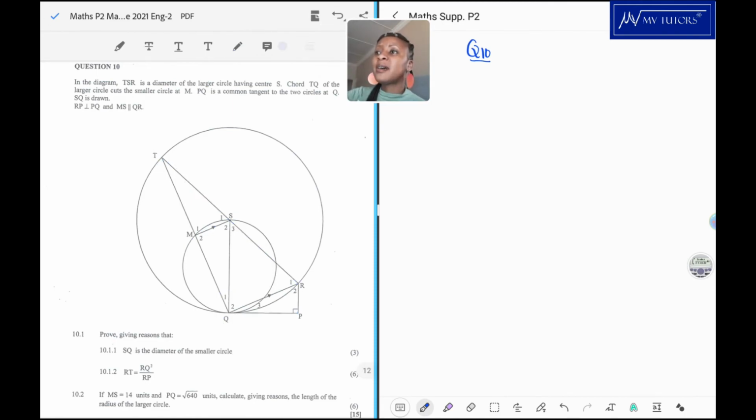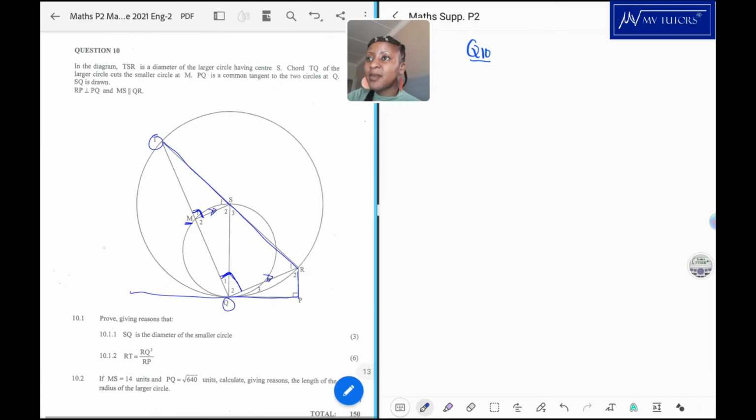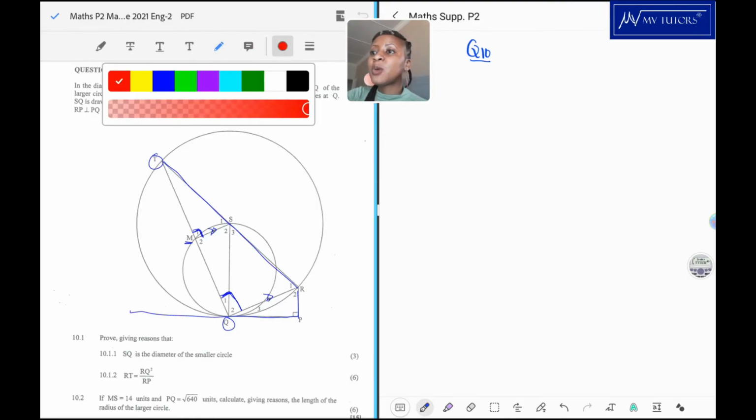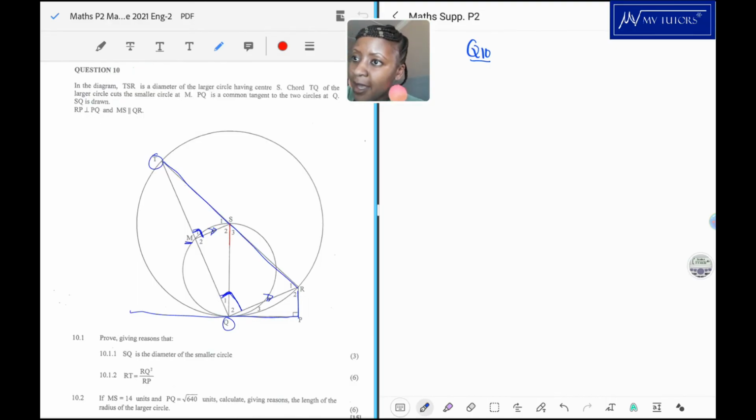So what are they wanting from us? Oh, I actually wanted to highlight this. If I have a tangent, what comes to mind is the tan chord theorem. For the small circle, Q3 plus Q2 is equal to M2, the opposite angle.